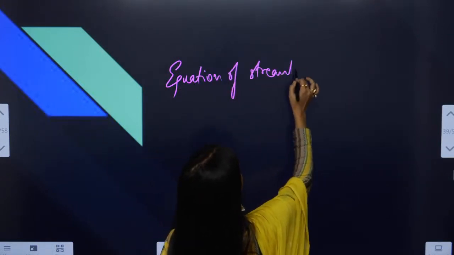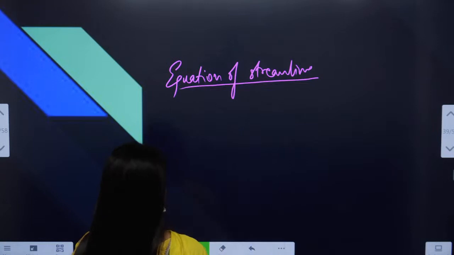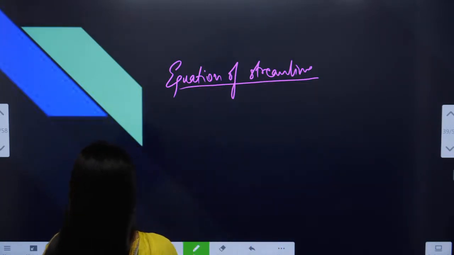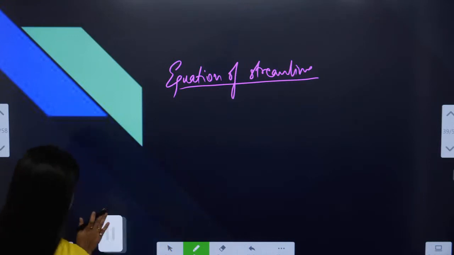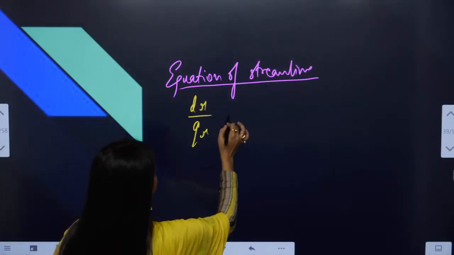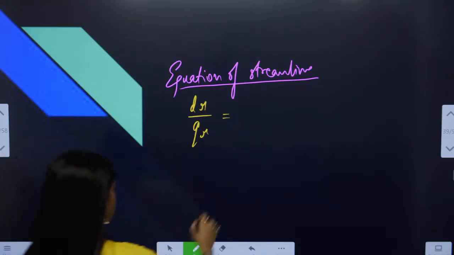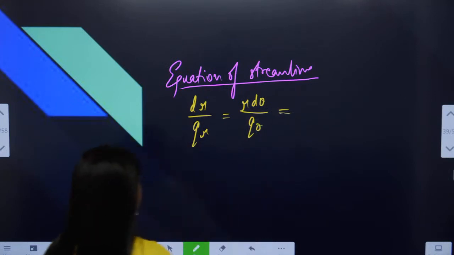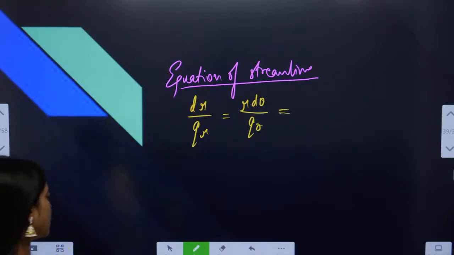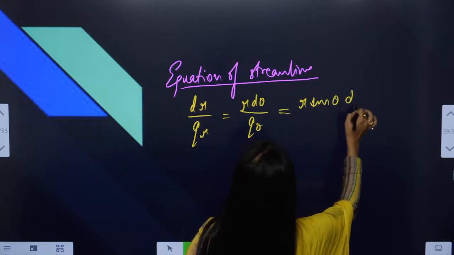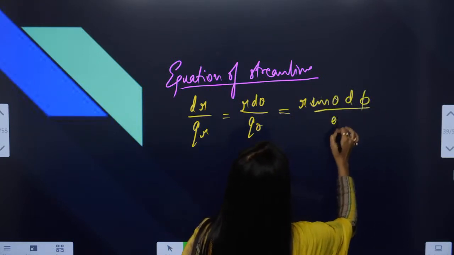It will be given by dr by qr equals r d theta by q theta equals r sin theta d phi by q phi.